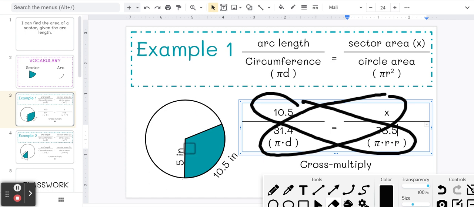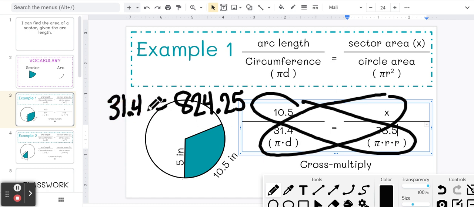All right, so let's say I multiply going in this direction. I'm going to get 824.25. Then if I multiply diagonally this way, I'll get 31.4 times x.